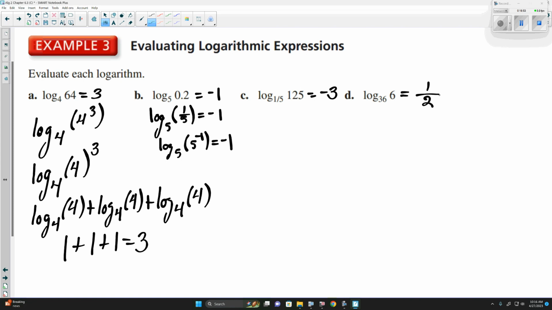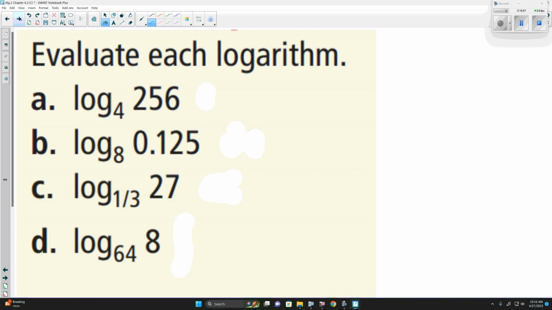Questions on any of these? Do we feel comfortable typing these in? Now, as I've said before, we're on a time crunch. I would have normally gone through a little more in detail, especially how we can break these down and use our properties to get there. Do we feel comfortable with these?